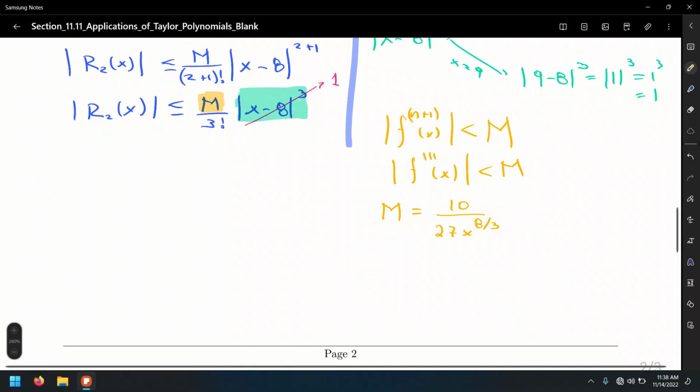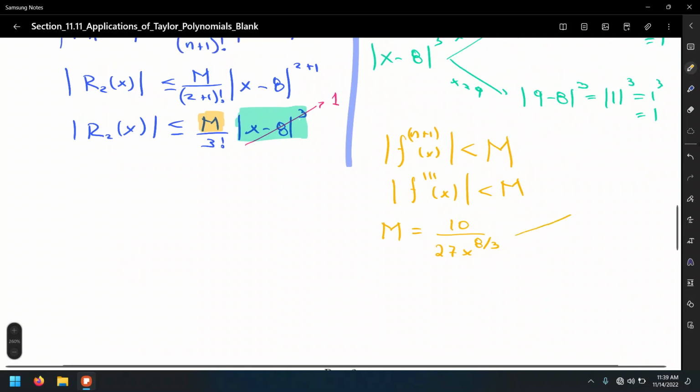Now from here, for this value of M, we need to check which one, x equals 7 or x equals 9. Which of these two evaluations is going to give us the largest of the two? So think about it. I'll let you think about this one.